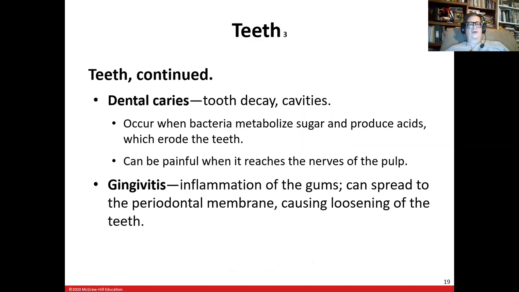All right, so dental caries, that's the fancy way of talking about a cavity. It's the anatomy way to talk about it. This happens when bacteria break down sugar and make acid as a byproduct, which erodes the teeth. If you've already done metabolism in one of your classes, you know that if you're breaking down sugar and making acids, you're probably doing this without oxygen.